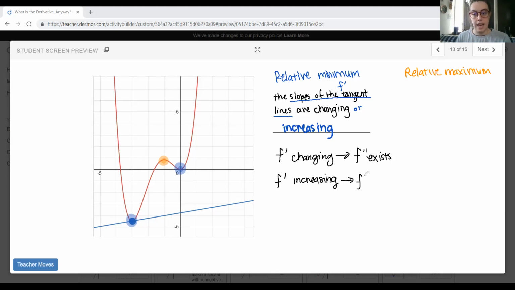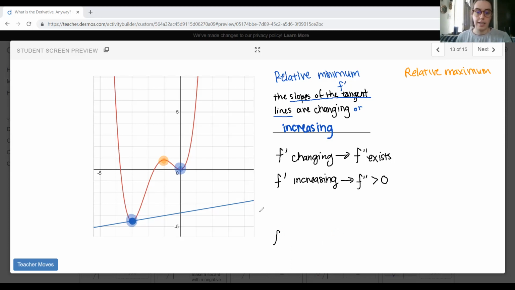Increasing means that the derivative was positive. Just like how when f is increasing, f prime is positive. If I just drop these down by a derivative level, it's the same thing. If f is increasing, f prime is positive. Let's plop extra derivatives on there. It should be the same.